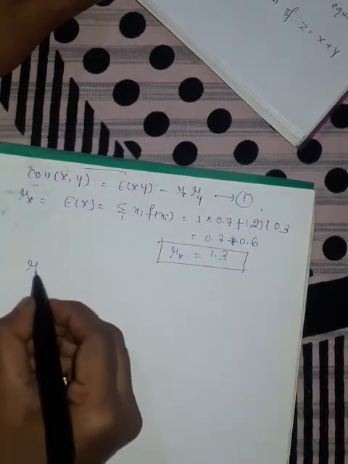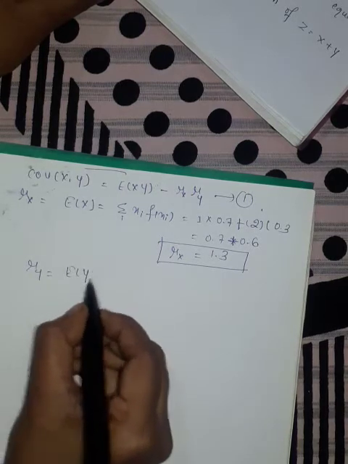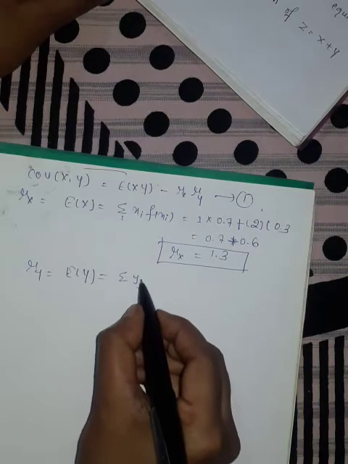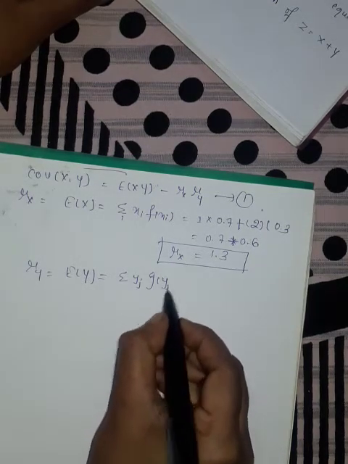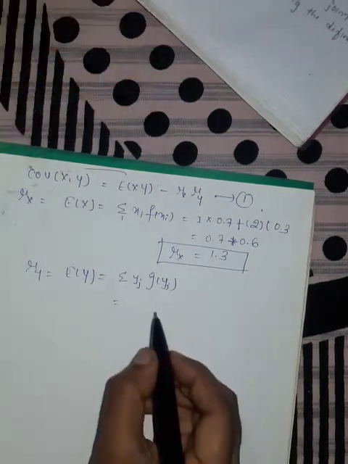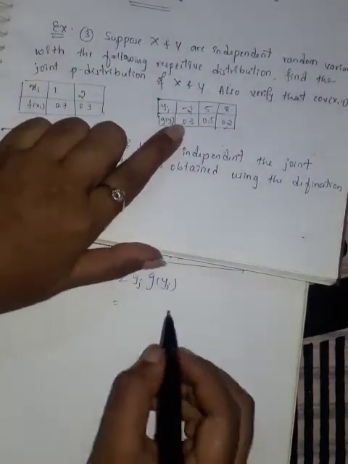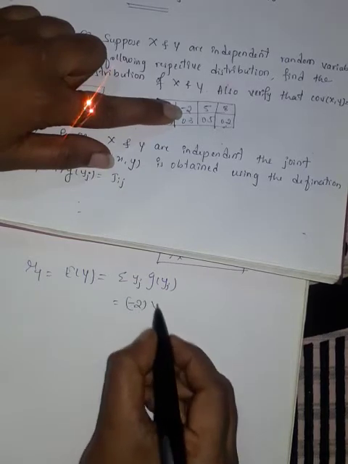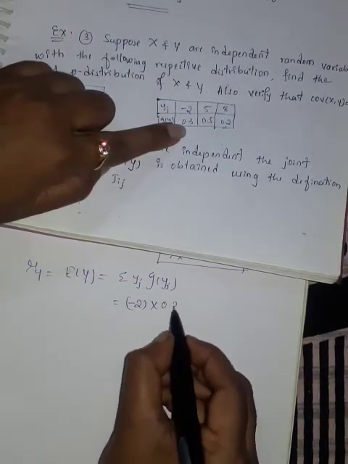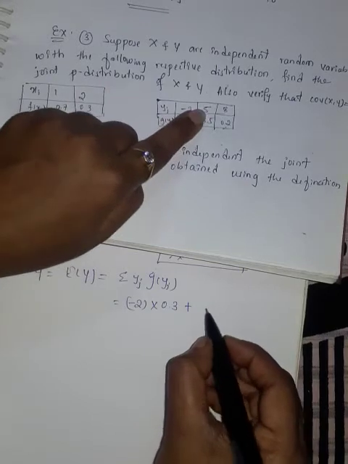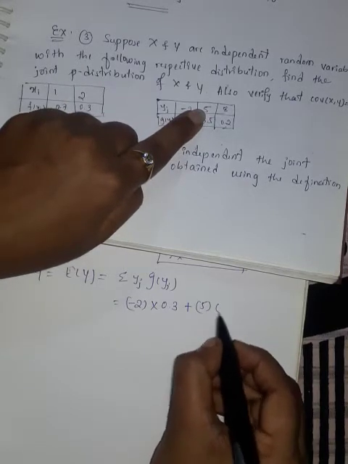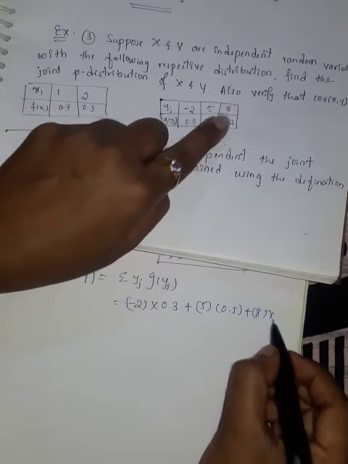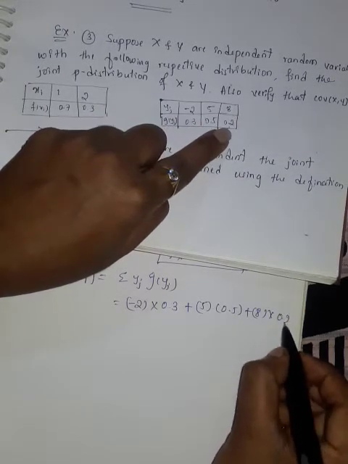Next, mu y is similarly expectation of y, which is given as summation of yj into g of yj. You can use this given data: for y1, that is minus 2, into g of y1 0.3, plus y2 is 5 into g of y2 is 0.5, plus y3 is 8 into g of y3 is 0.2.